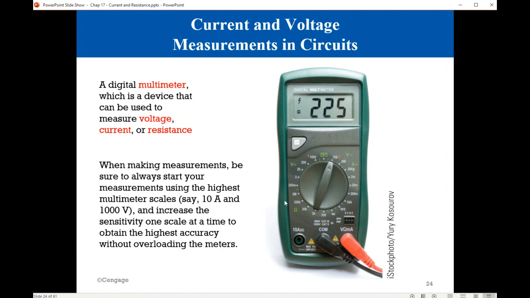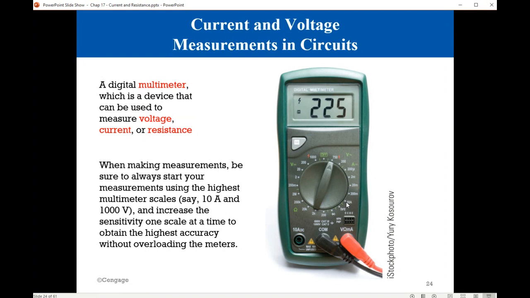Like if you are measuring current, usually it's good to start assuming it is the highest current, 10 ampere, and then if this scale seems to be not the proper scale, we go down to smaller values.